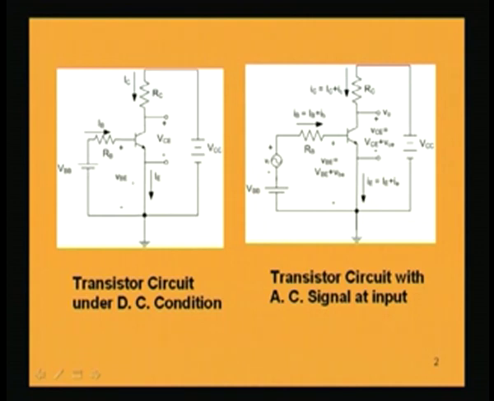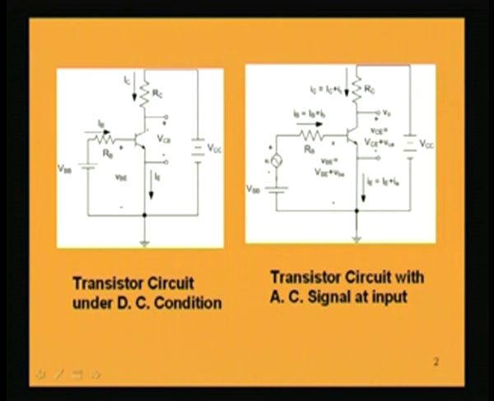In this circuit, resistances RB and RC are connected in the base as well as the collector circuit, and this is practically what is done in transistor biasing.